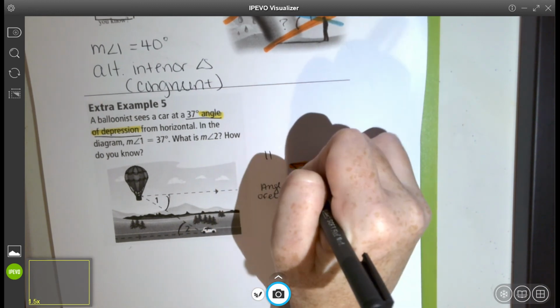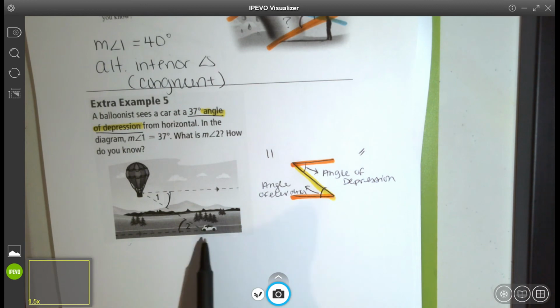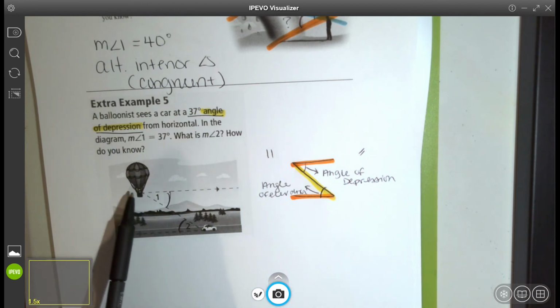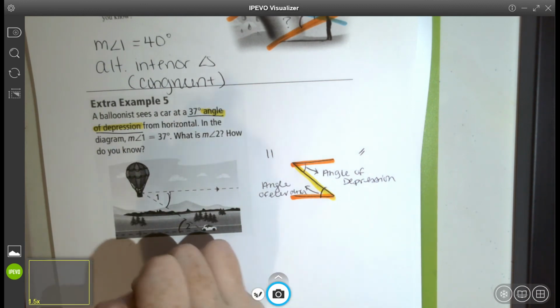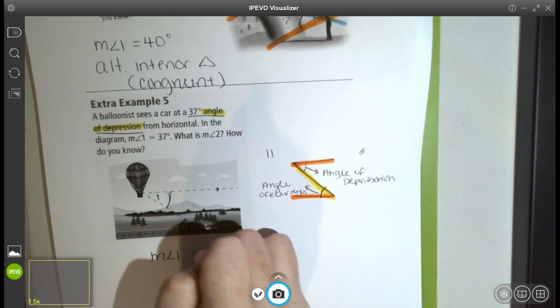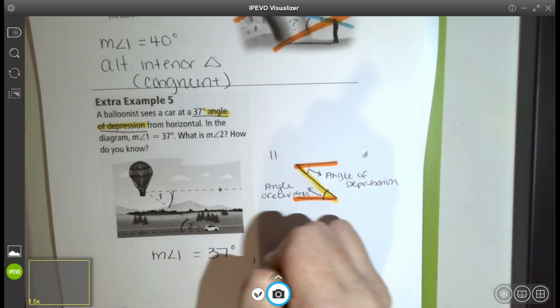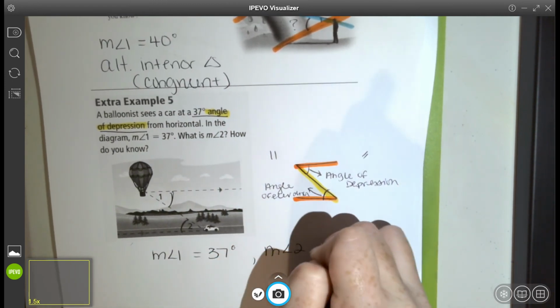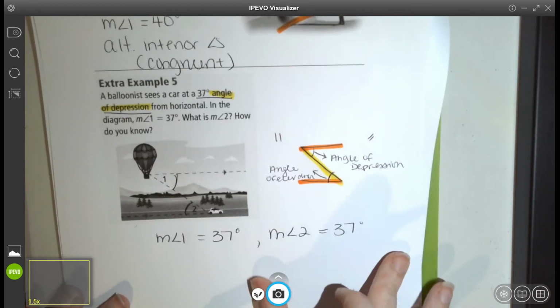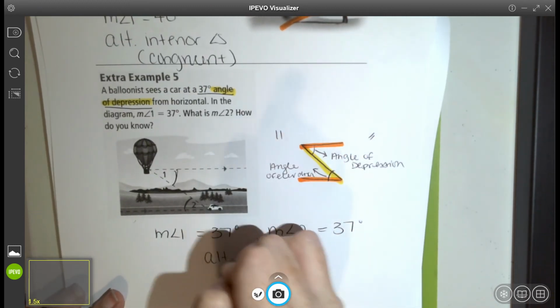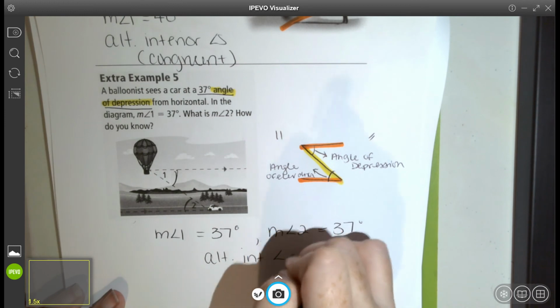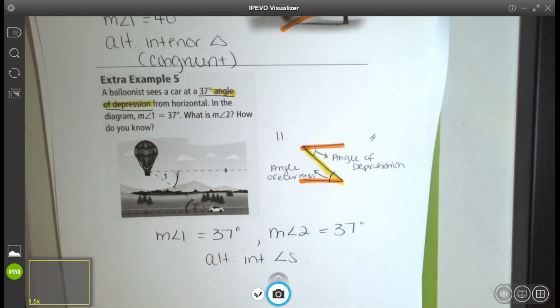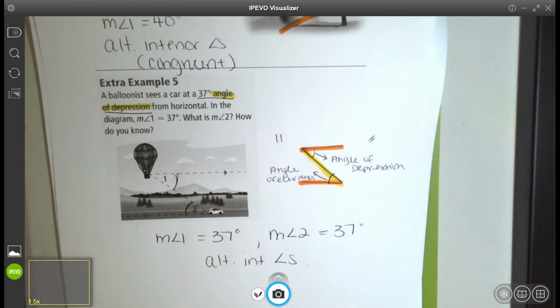And they are congruent towards one another. So here you can see the car would be looking up, the balloon would be looking down. So the measure of angle 1 equals 37 degrees. So that means the measure of angle 2 equals 37 degrees for alternate interior angles. All right, so now we're going to try some practice on the next page.